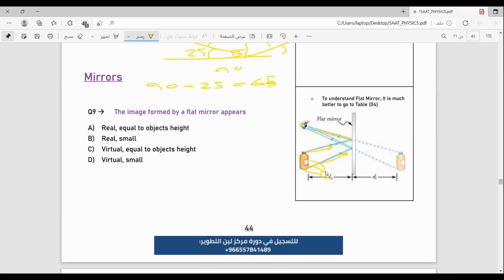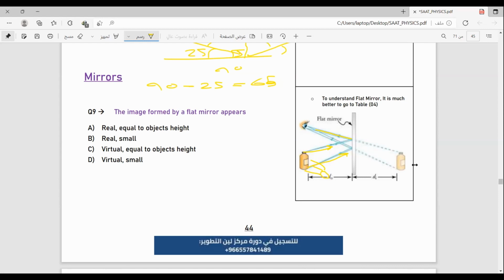But maybe you notice something here. What is this? Why is this here actually? This is called the imaginary side. If you see these dashed lines, they are called imaginary lines. Scientists do this for one reason, but for now keep in your mind that if you see dashed lines like this, it is an imaginary picture.